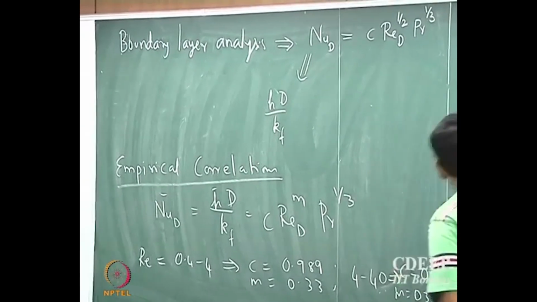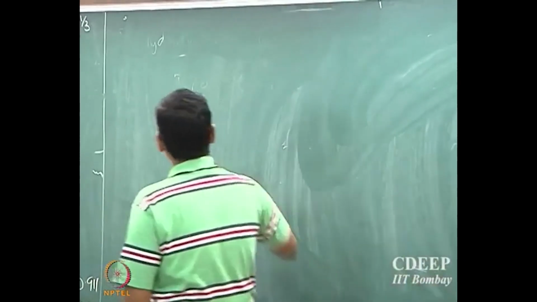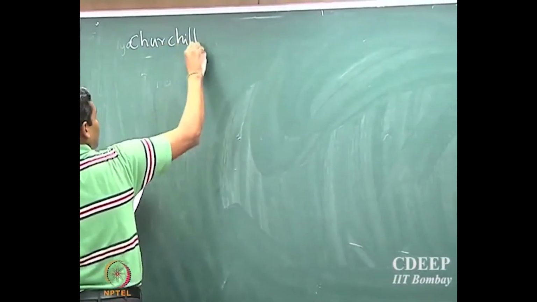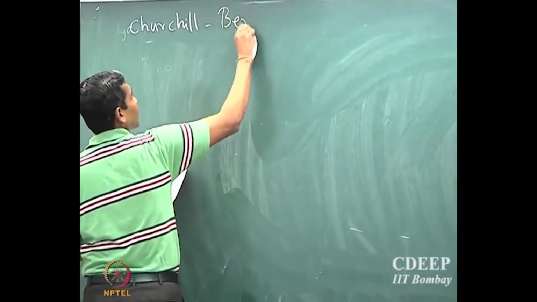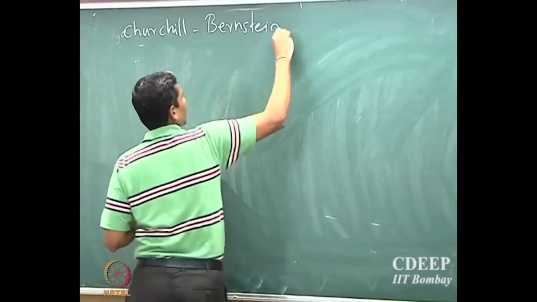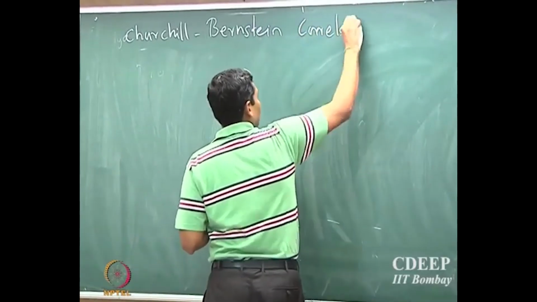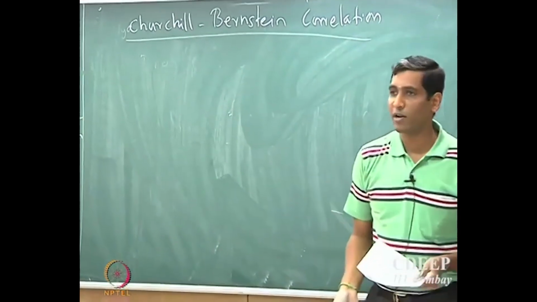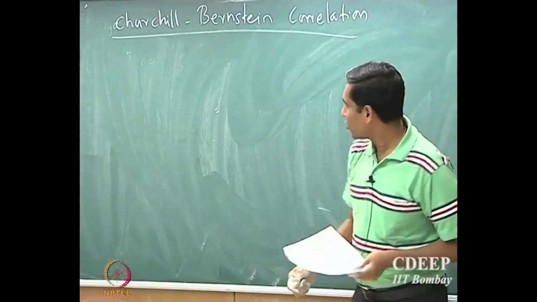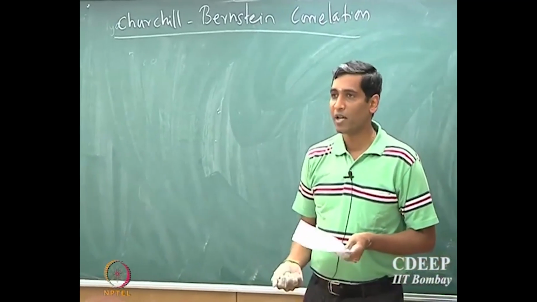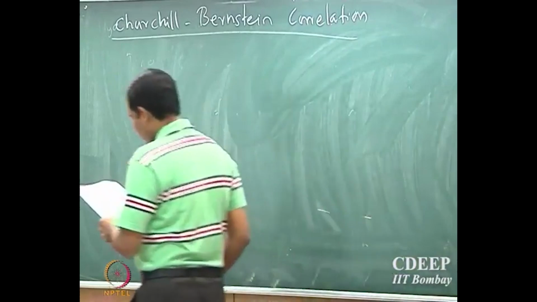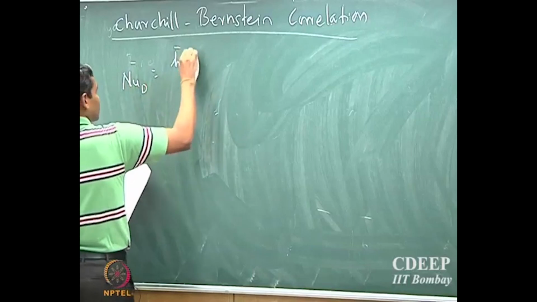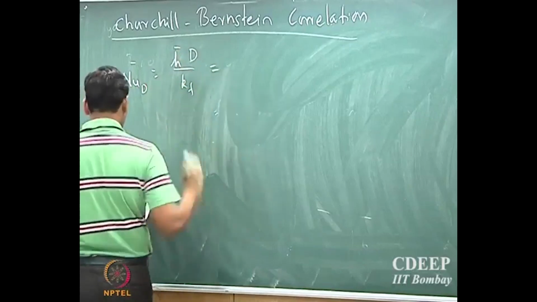And a general correlation is called the Churchill-Bernstein correlation, which is useful for estimating the heat and mass transport coefficient for flow past cylinders.